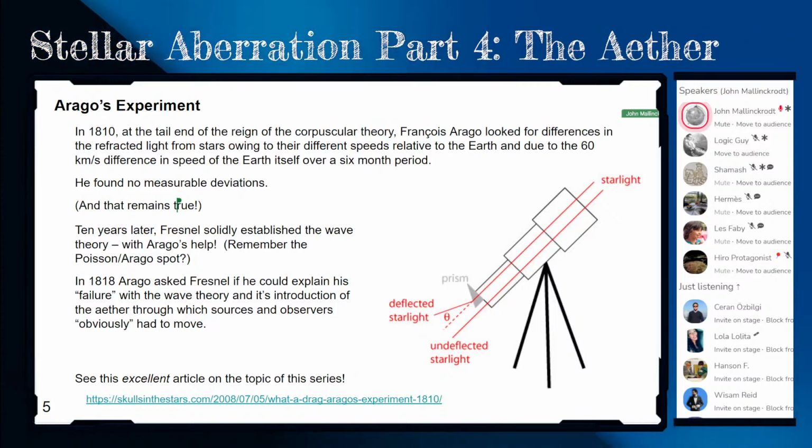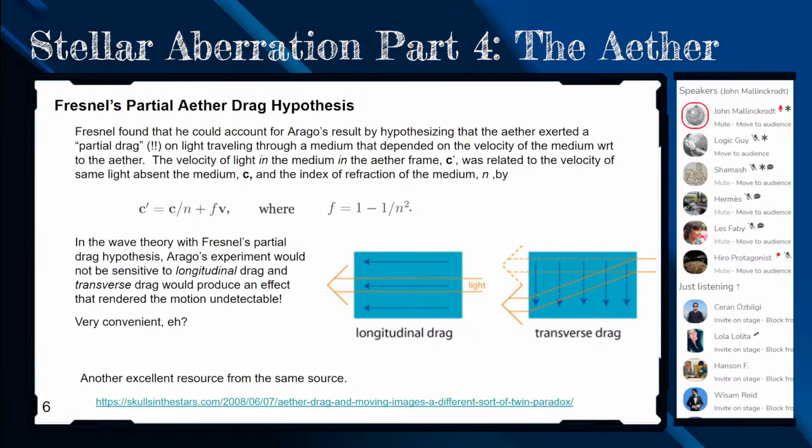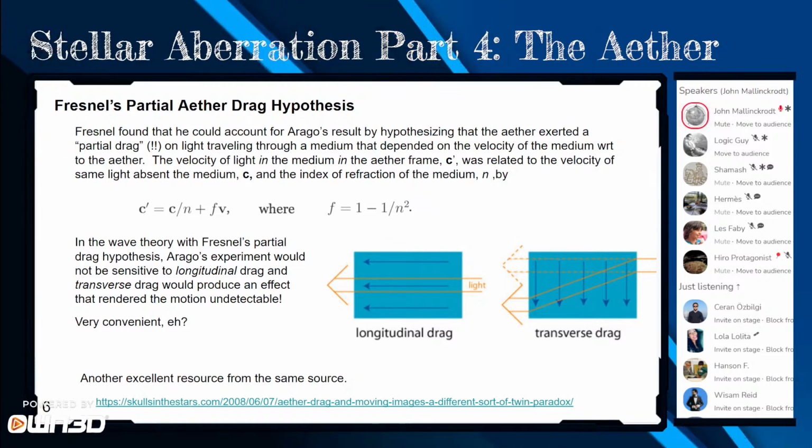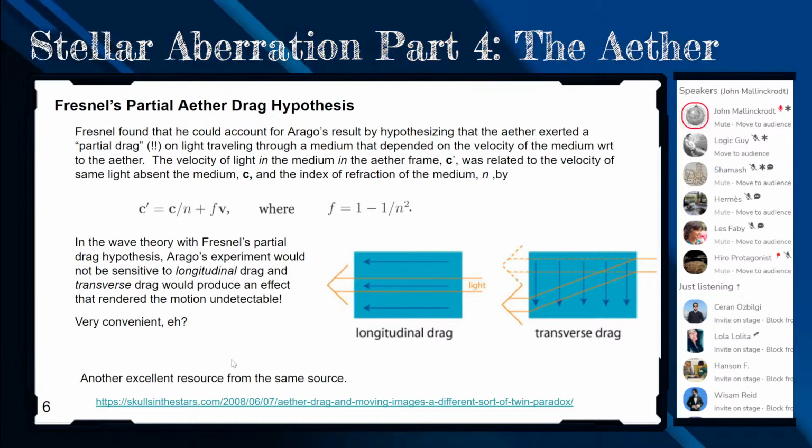You get the velocity C prime, the velocity of light in the medium, in the ether frame, is the unperturbed velocity of light divided by the index of refraction of the medium, plus a weird fraction of the velocity of the medium itself. And he said, let's let that fraction be 1 minus 1 over n squared.